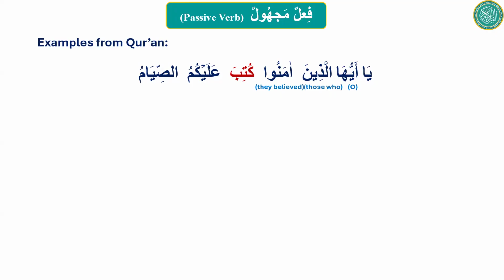Look at it, let's think what will be the regular fi'l, the active voice. Kataba means he wrote, so kutiba means it was written, or he was written. Okay, he was written alaykum, upon you all.